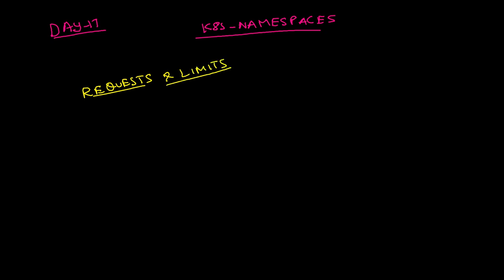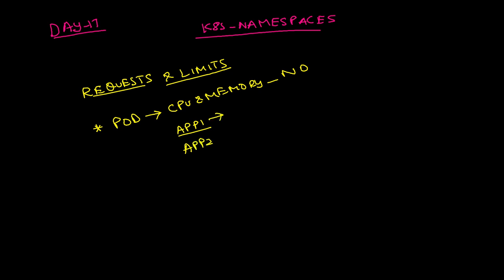So till now, while creating the pod, have we mentioned any kind of restriction in terms of CPU and memory? The answer is no. Which means if I'm going to create two applications, application 1 and application 2, eventually application 1 is going to create pod 1 and application 2 is going to create pod 2.